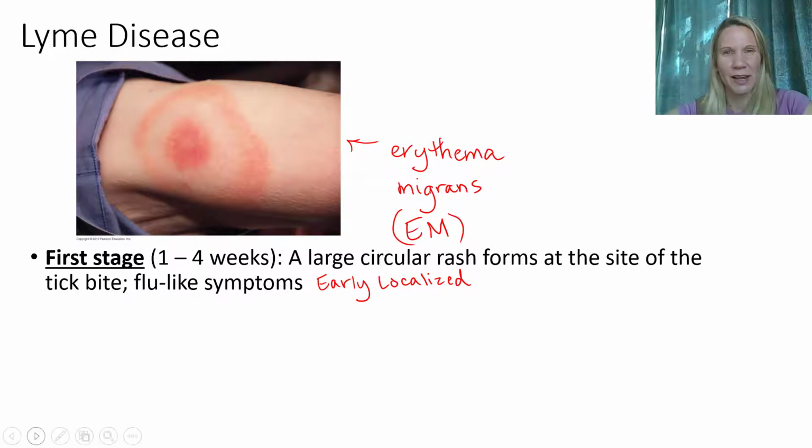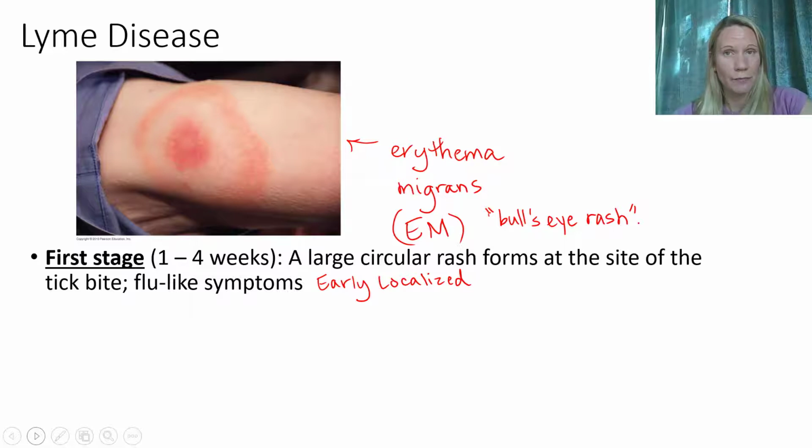So it seems to spread in this very unique pattern. Looks like a bullseye rash. Sometimes it's just called bullseye rash. It tends to be on the arms or on the knees if it does show up. And like I said, it doesn't always show up.